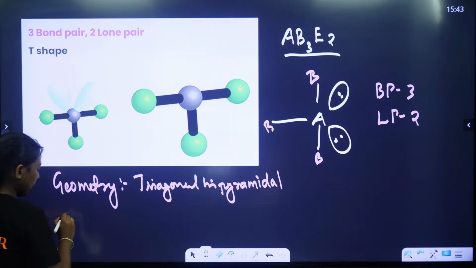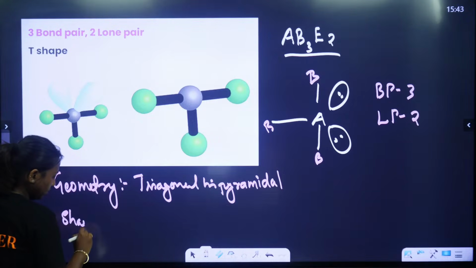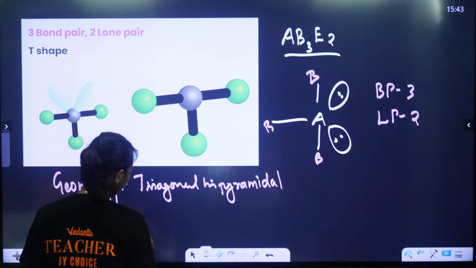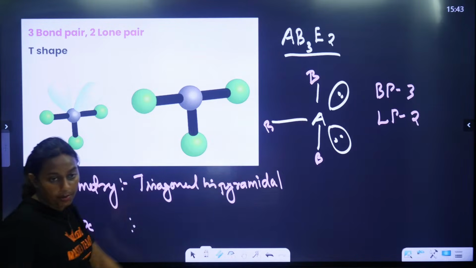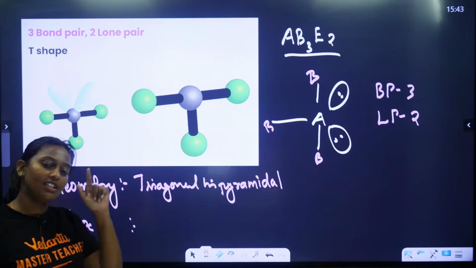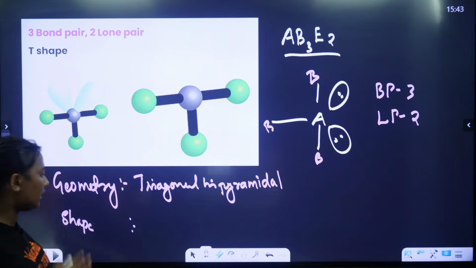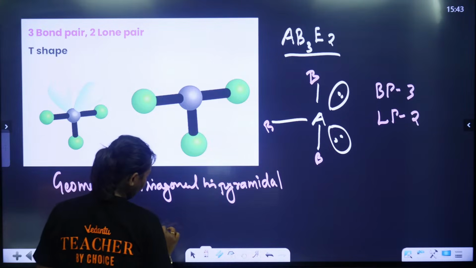And what is the shape? Just ignore the lone pairs, then you will get T shape. It looks like a T, so you can write T shape.